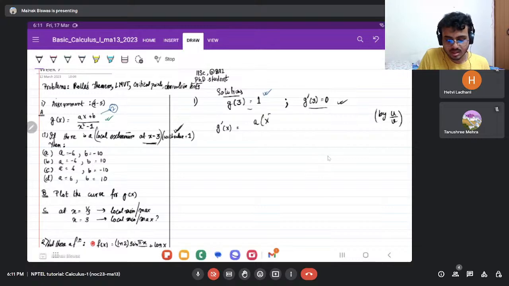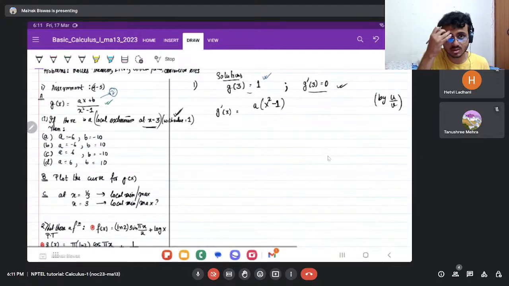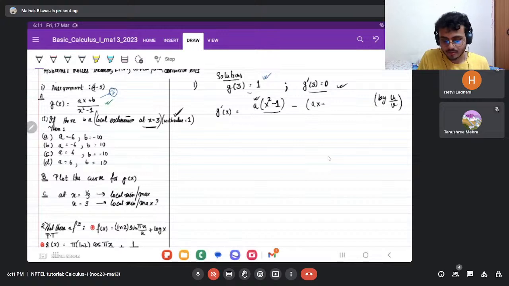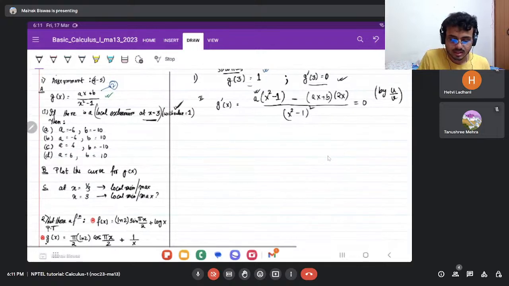I may make some mistakes, I'm trying to do it fast, or intentionally make some mistakes to see whether you're following or not. So this is the derivative of the top into the bottom, minus the upper function, that is u, into the derivative of the bottom, all over (x square minus 1) whole square, and you set it to 0, right? So this is finding equation 2 that we have. So let's see what this is.